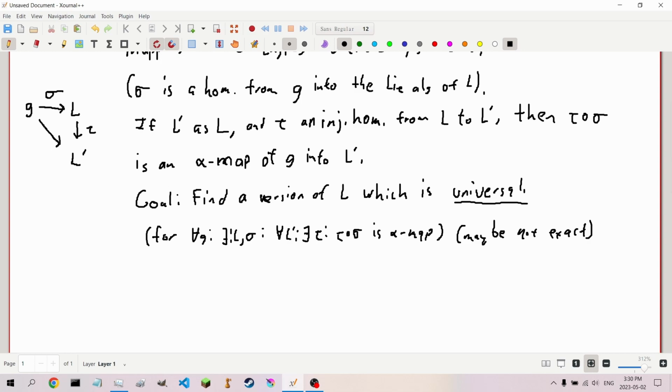That brings us to our next definition. I've got to focus on what I'm doing.